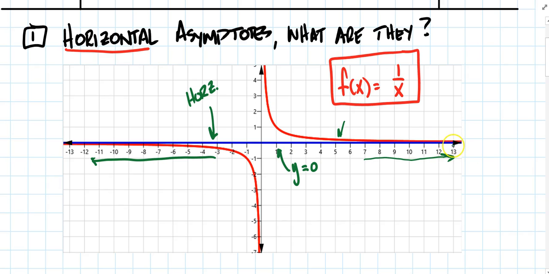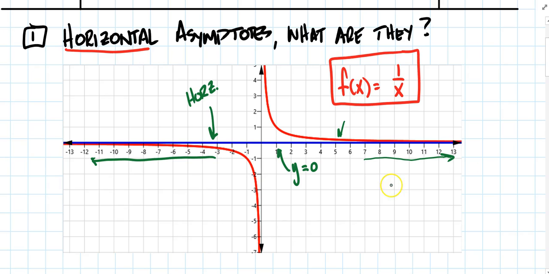For bigger and bigger values of x, the further away we get from x equals 0, the more the graph f of x behaves like the horizontal asymptote y equals 0. Many students think that a horizontal asymptote is a line that the graph will never touch and never cross. In a way that's kind of true, but it is possible for a graph to cross a horizontal asymptote if it's around the point 0.